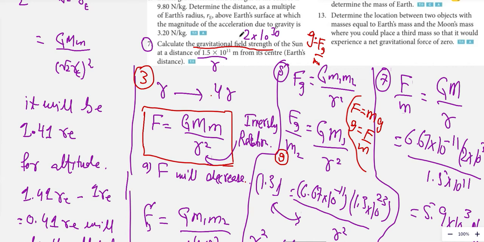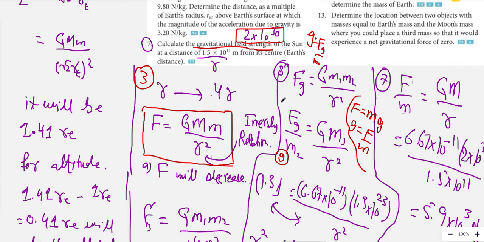For the sun, we need to memorize that the mass of the sun is 2 into 10 to the power 30. It is approximately 2 into 10 to the power 30. It is exactly, I think, 1.9 something into 10 to the power 30, but we can round it off as 2.